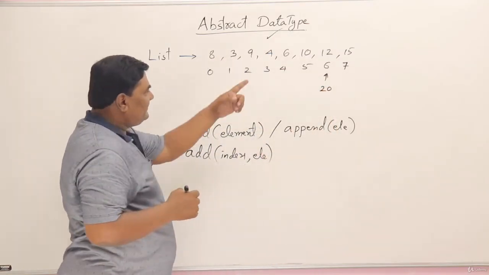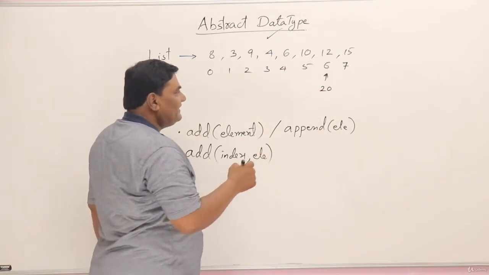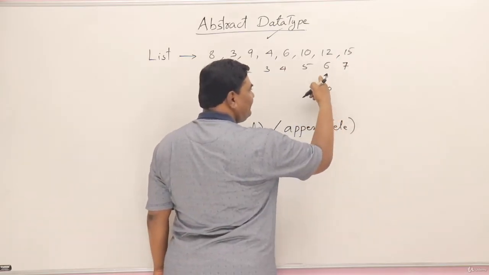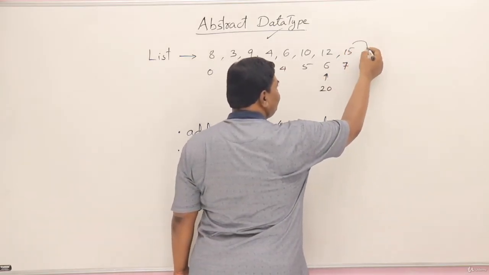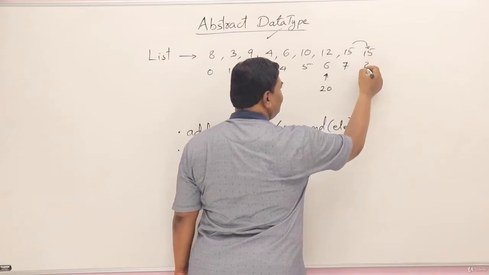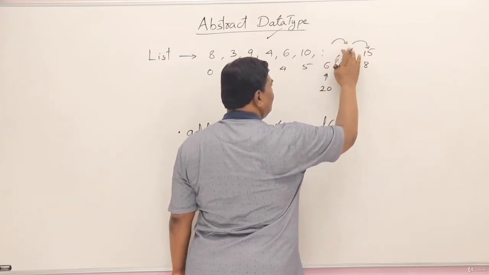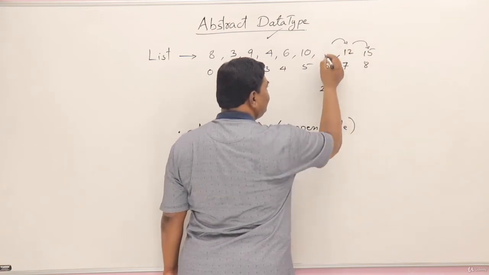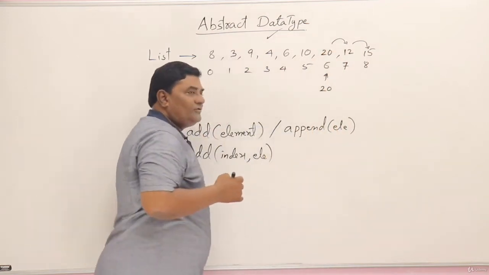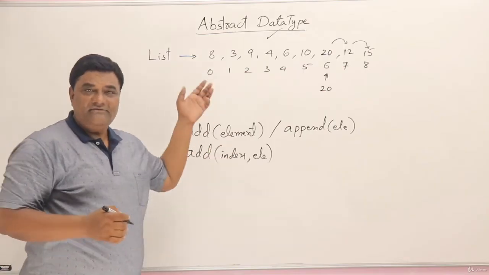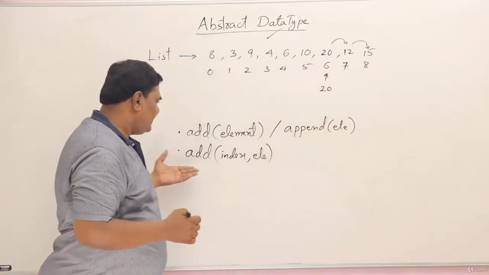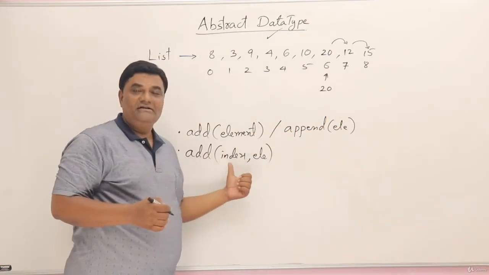The element 12 is already there, so I should shift the elements and make free space for 20. I should move 15 to the next place at index 8 and bring 12 here. Then I should insert 20 here. So if you want to insert any element at a given index, you have to shift the elements.